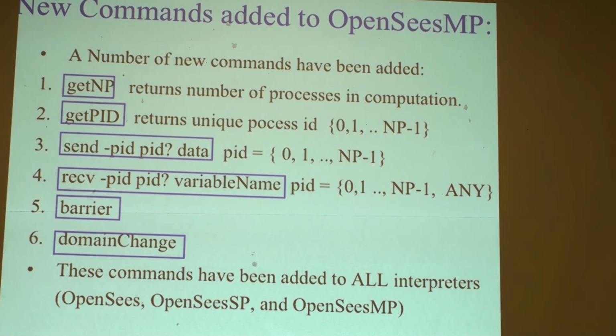Barrier is important in that every single script must have that barrier, and all the processors will stop until every single other process has reached that same point in the script. So if there's a barrier, you know that all the processes are going to hit there and wait until they go on. That's important because parallel programming introduces other problems. It can be a lot more difficult. I'll talk about those problems in a little bit.